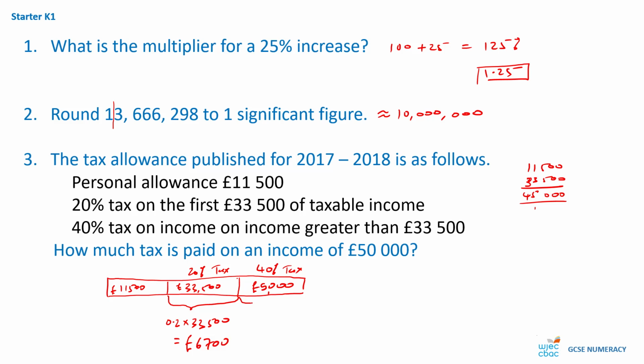And here I calculate 40%, so 0.4 times 5,000, and that gives me £2,000. So the total amount of tax is going to be 6,700 plus 2,000, which is equal to £8,700.